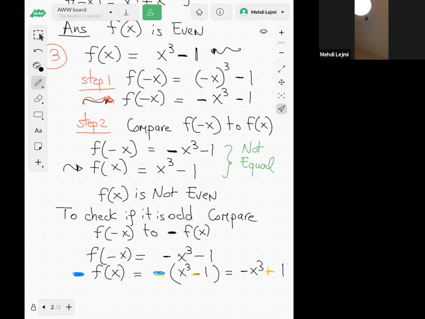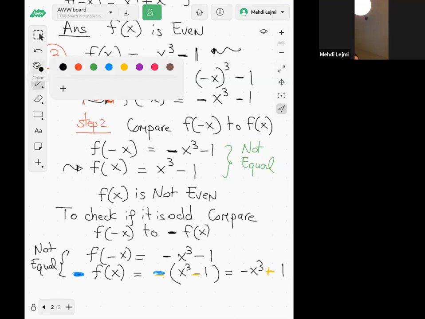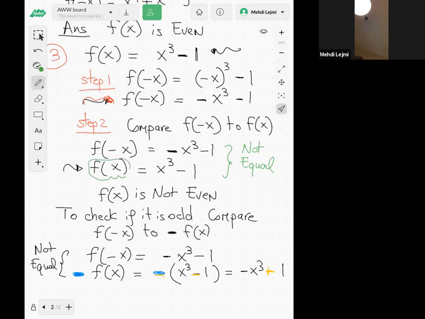Now you compare minus x cubed, that's good, but then you have minus 1 and plus 1, so that's different, right? So this is not equal. F of minus x is not equal to minus f of x. Again, guys, that's different from even.